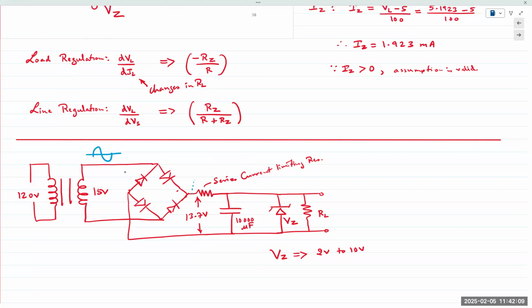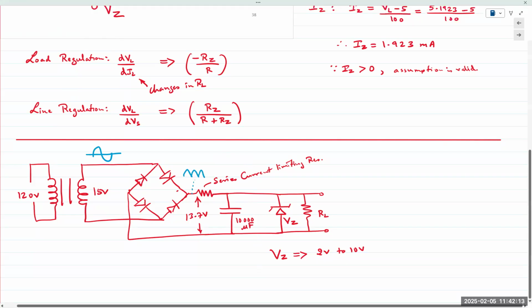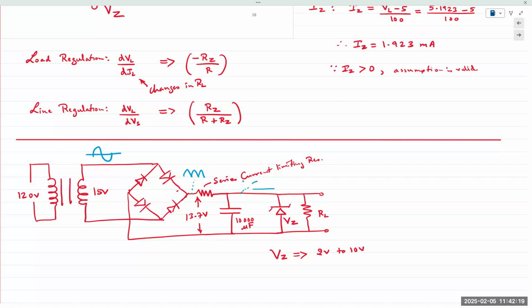Output here would look like a rectified waveform. Output here would be with some ripple. And then output here should be like a flat line. This flat line would be due to VZ.